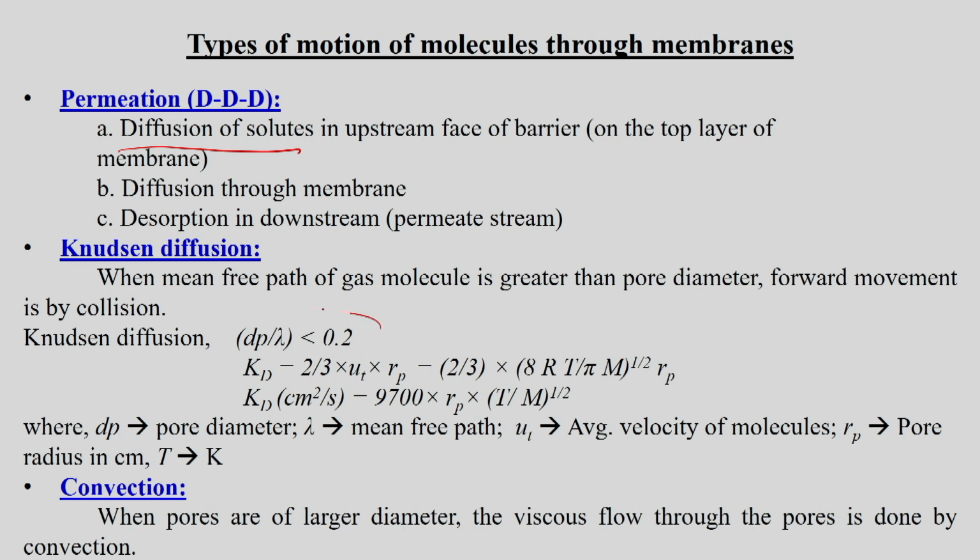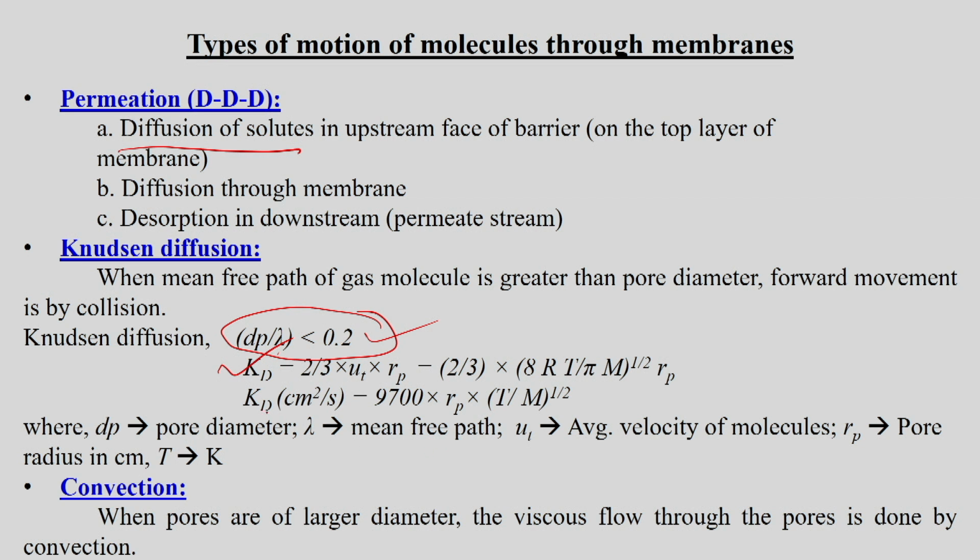There we know that dP by lambda is less than 0.2, then the Knudsen diffusivity value is equal to 2/3 of ut into Rp, that is 2/3 of (8 Rt by pi m) to the power 0.5 into Rp.